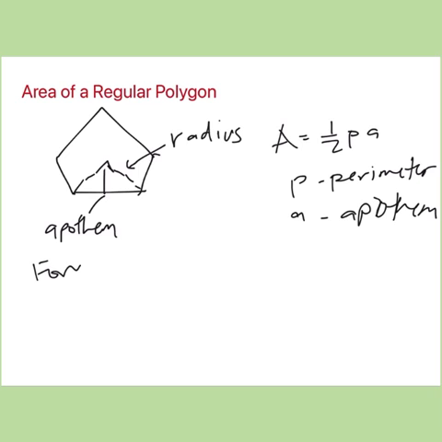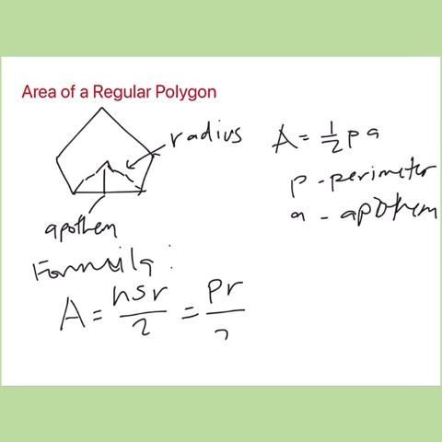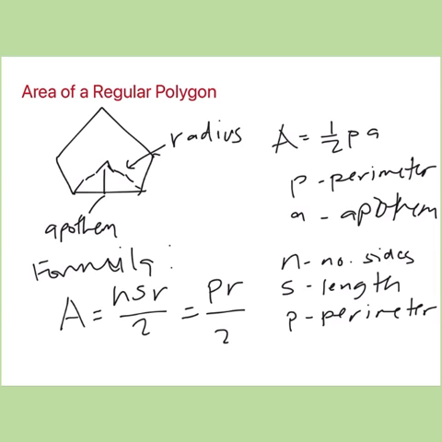Or another formula, we have area equals NSR over 2 and PR over 2, where A stands for area, N is the number of sides, S is the length of side, P is the perimeter, and R is the apothem.